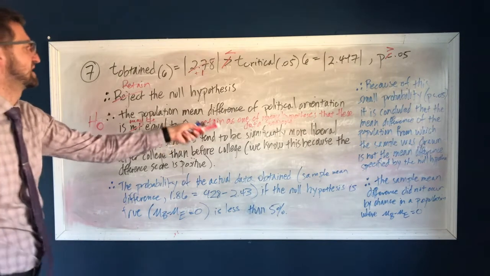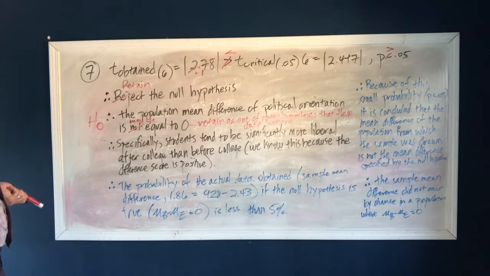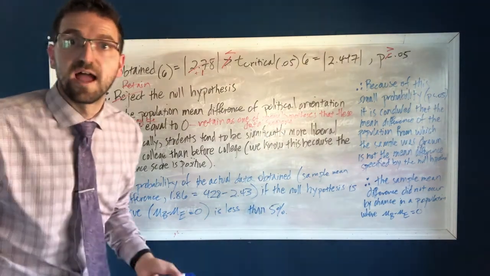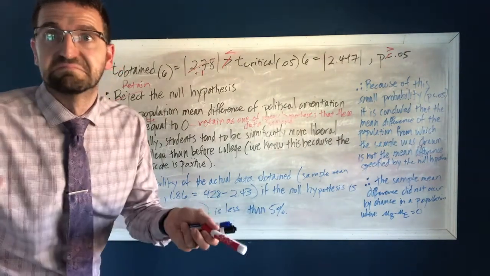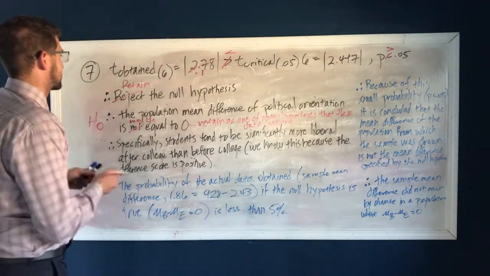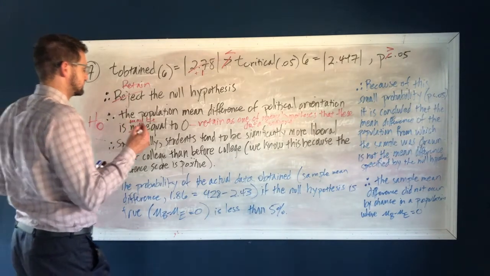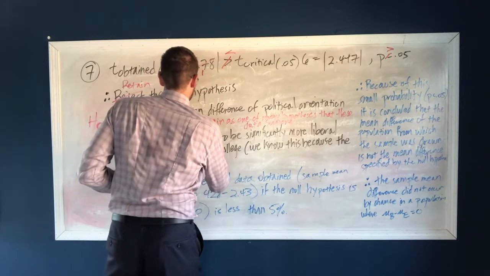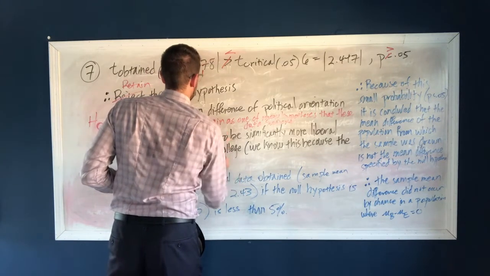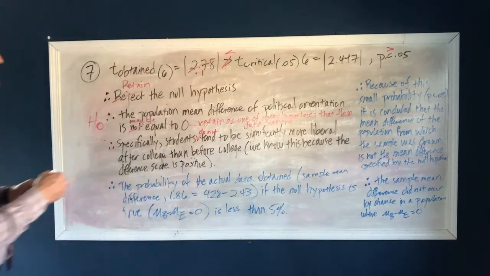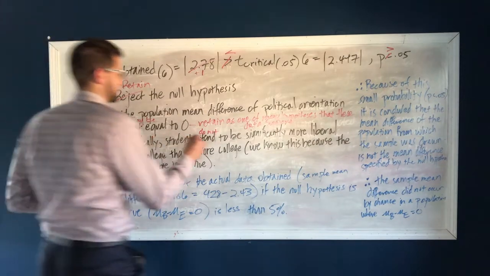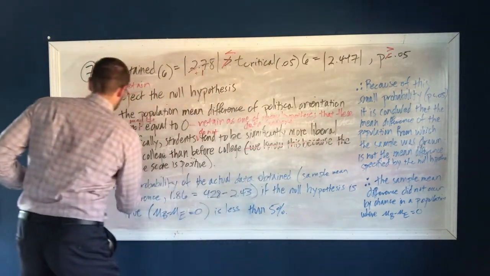Specifically, students tend to be significantly more liberal after college than before college. Specifically, so the null hypothesis is true, meaning nothing happened. So specifically, students, right, do not tend to be significantly more liberal after college than before college. Okay. Yeah, don't really need that there.